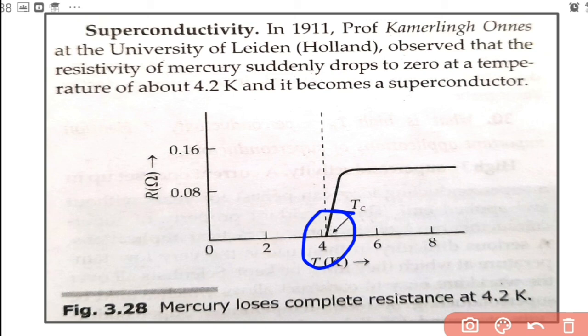Because on the y-axis resistance is taken, resistance is becoming 0. That condition is called superconductivity. So the graph shows the superconductivity of mercury, which takes place at 4.2 Kelvin. Just note the shape of the graph.